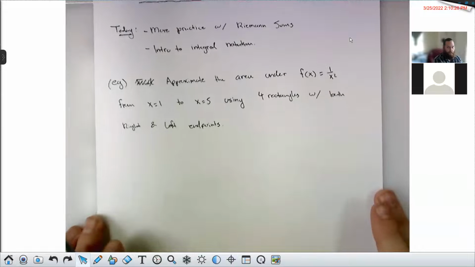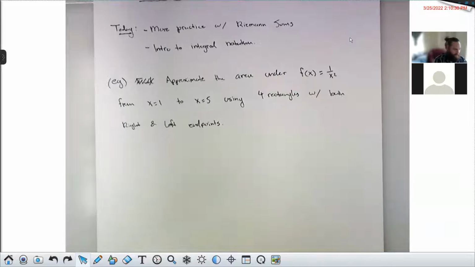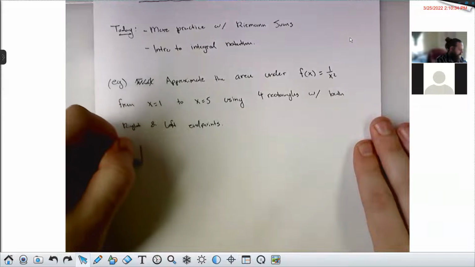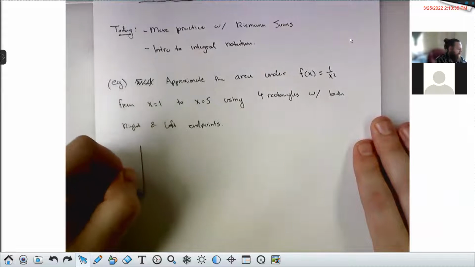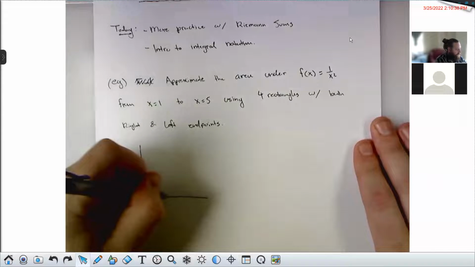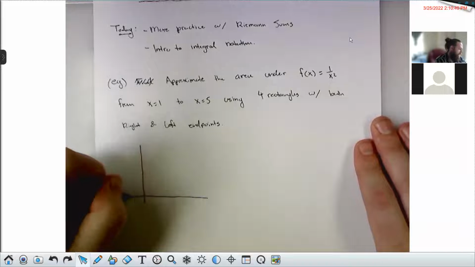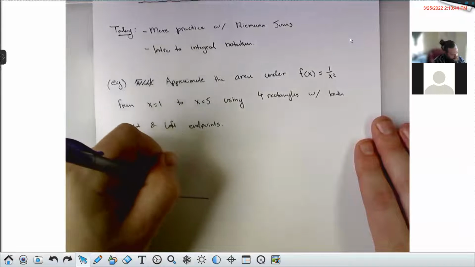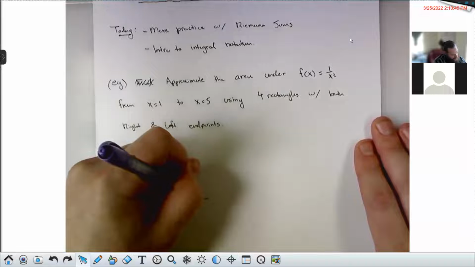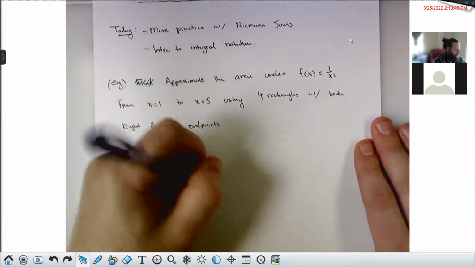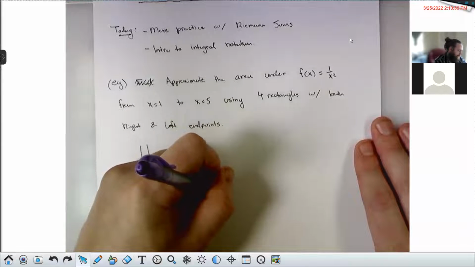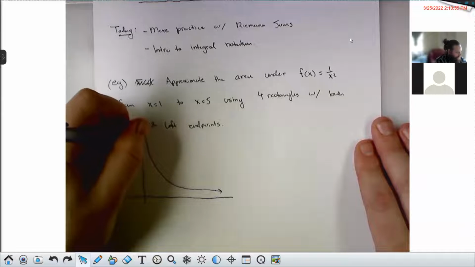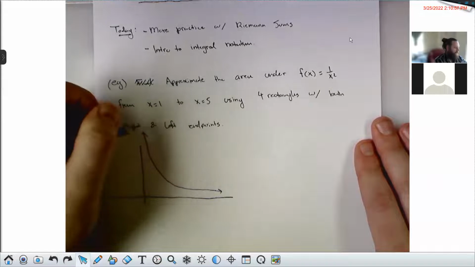So the graph of 1 over x squared is one that we should know. It is nice on all of these to begin with a picture. I'm going to exaggerate the scale a little bit because 1 over x squared goes to 0 very quickly. It blows up to infinity as we go towards 0.